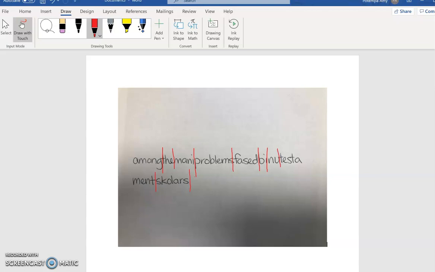So on Friday, at the end of the period, after you've had that extra 20 minutes to finish up if you need to, you'll give me your copy of your rough draft, and then by Friday night, you're going to submit your typed copy of your final draft to turnitin.com.